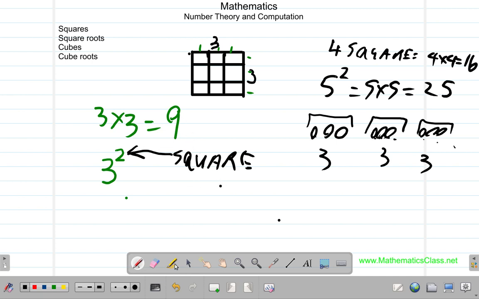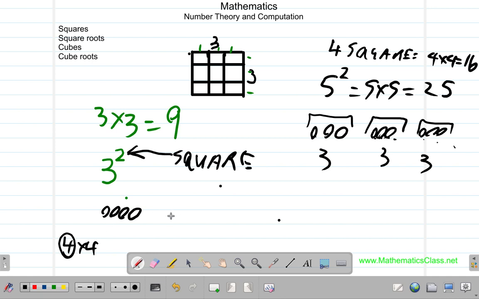Now, the same thing happens with the 4. If you have 4, 1, 2, 3, 4. Say that's 4 mangoes, it's mango season, you know. But you want 4 squared. 4 times 4. That means you have 4, and you must have 4 of that.